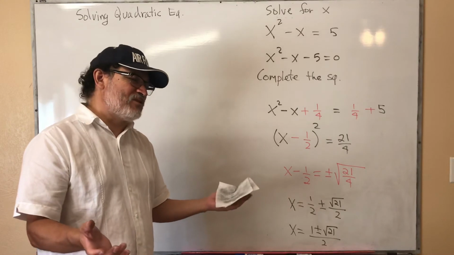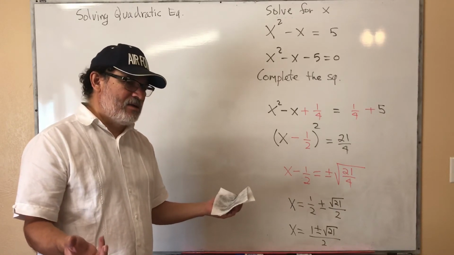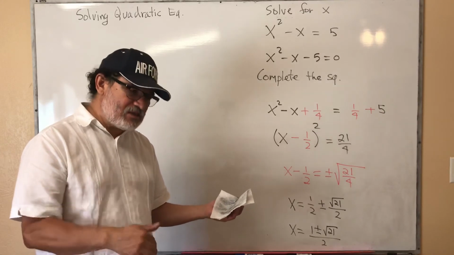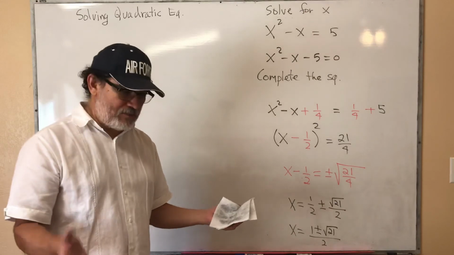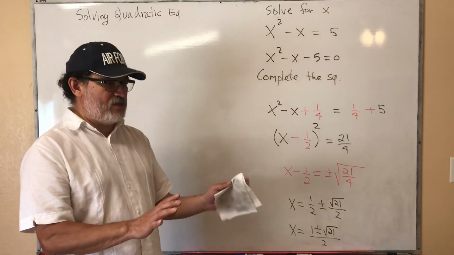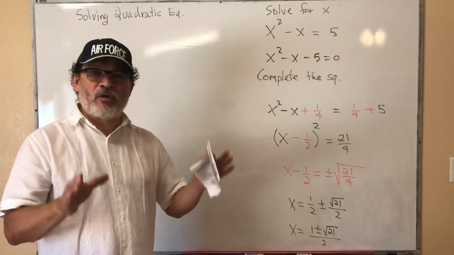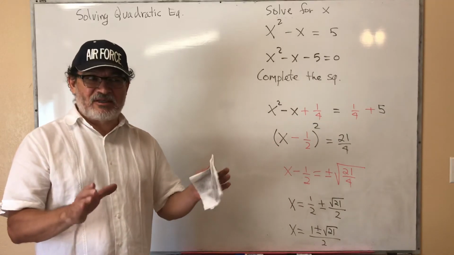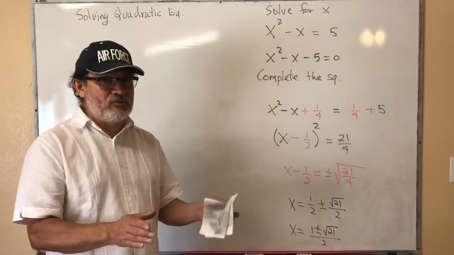Well, I don't know if it's convenient. Maybe I shouldn't say it. Because sometimes completing the square is easier than looking for the factors. Completing the square always works, guys. And sometimes it's easier than trying to factor the trinomial. Okay.